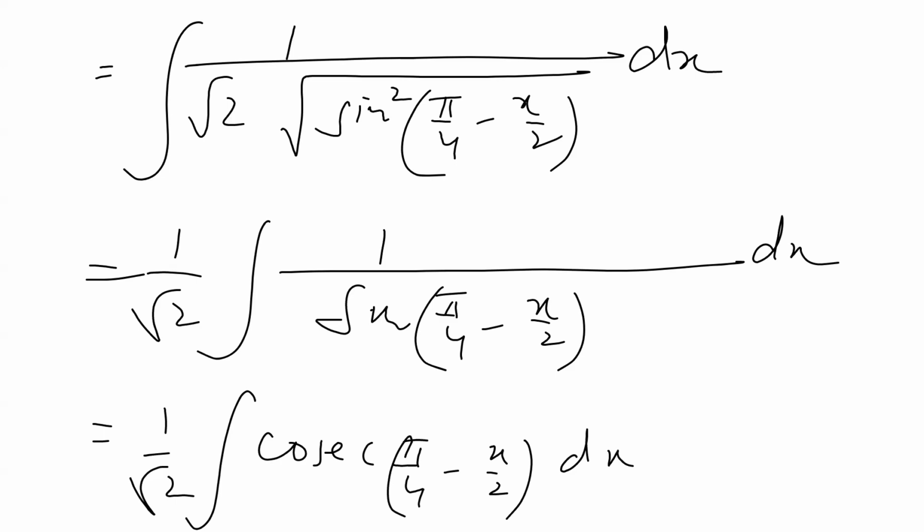So integration of this term will be log mod cosec pi by 4 minus x by 2 minus cot pi by 4 minus x by 2 upon d by dx of pi by 4 minus x by 2. You can do this on your own by application of the formula. Pi by 4 minus x by 2 is a linear algebraic term, so I could apply the formula and do chain rule. Otherwise we cannot.